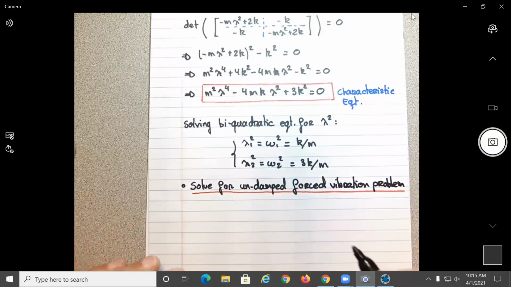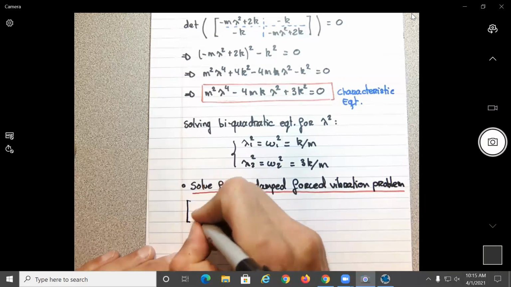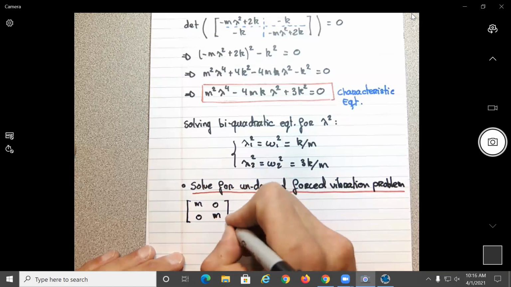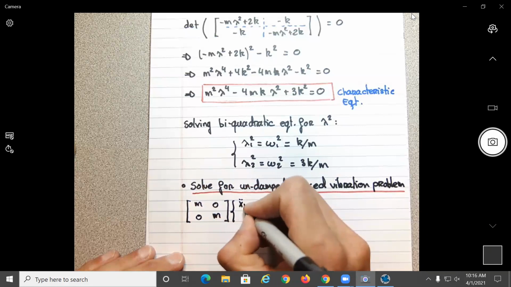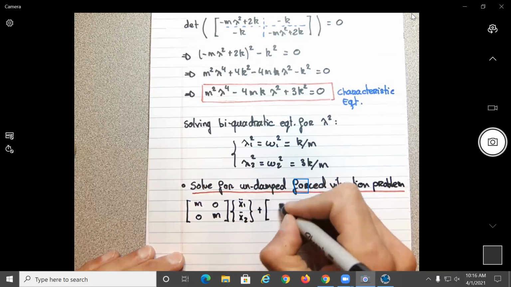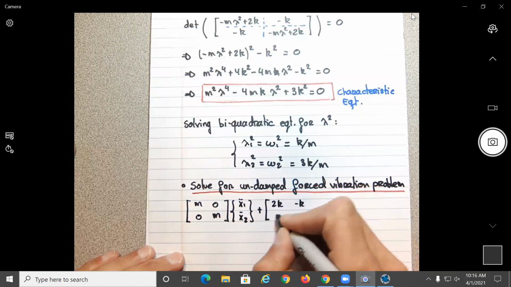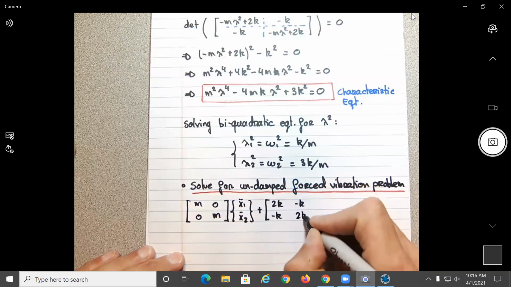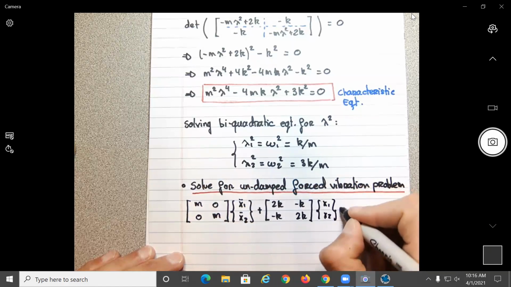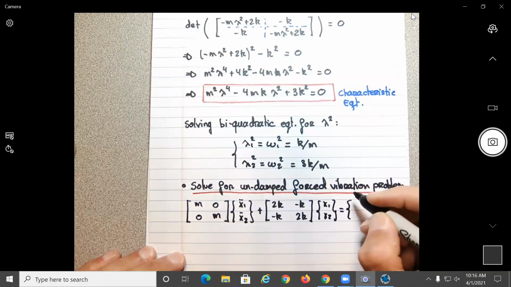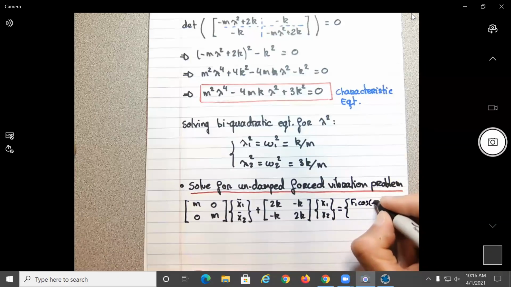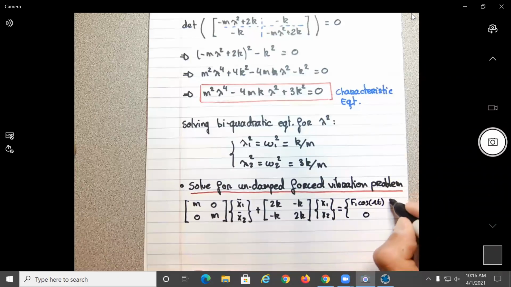Okay, so in this case, the equation of motion is what? M 0, 0 M, same as before, times x1, x2, plus 2k, minus k, minus k, 2k, times x1, x2, equal to f1 cosine capital omega t, 0.